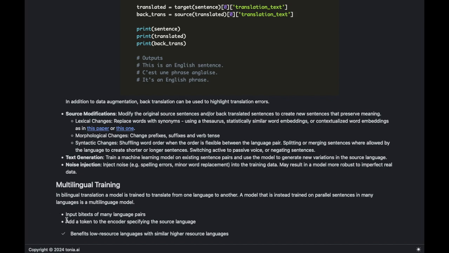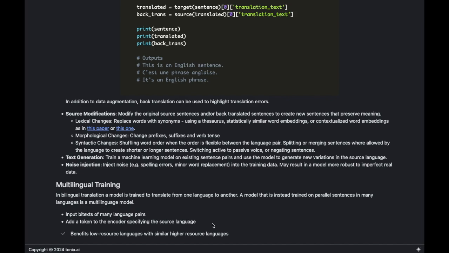There you would, as your training phase, input bitexts, so parallel texts of the many language pairs across your languages, and you would add a token to the encoder in your translation model that specifies what the source language is. In doing so, you have trained a model to be able to do translation across multiple languages. So you have a multilingual trained model.